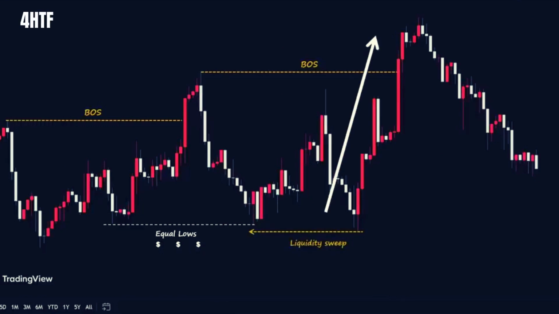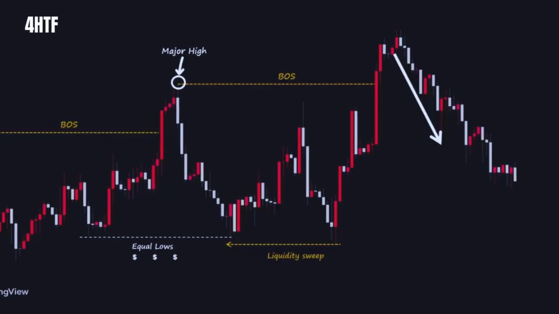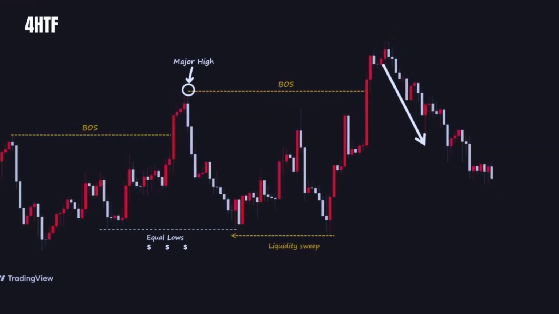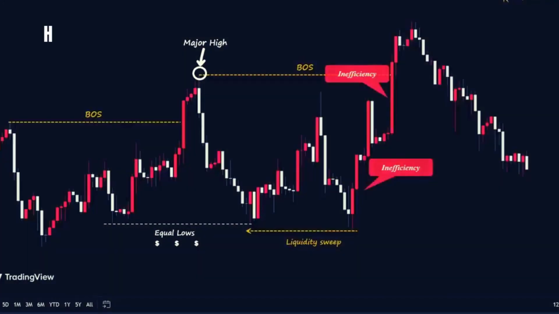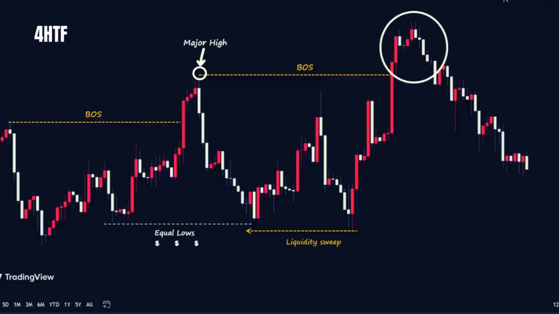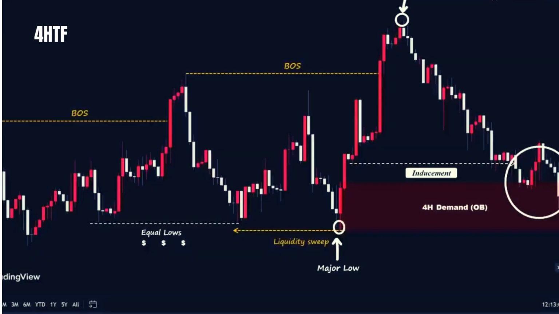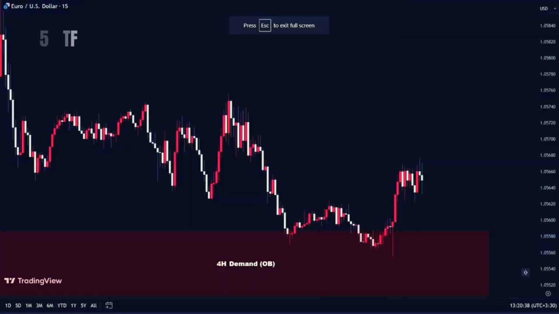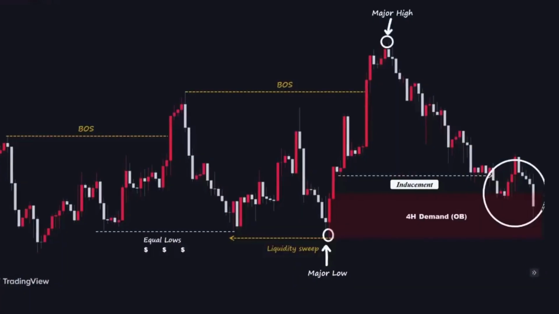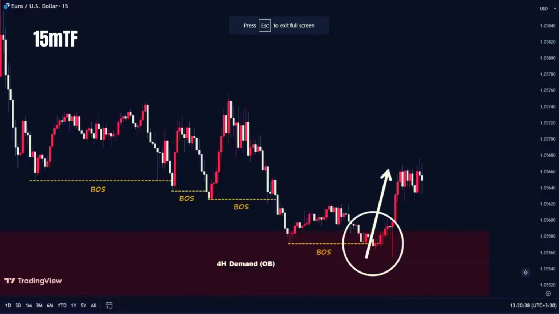Let's look at another example in this field. In this example, the market structure in the 4-hour time frame is bullish. And we see upward movements in the chart. We look for the demand area and specify it. Then we go to the 15-minute time frame and wait for the price to enter the demand zone.